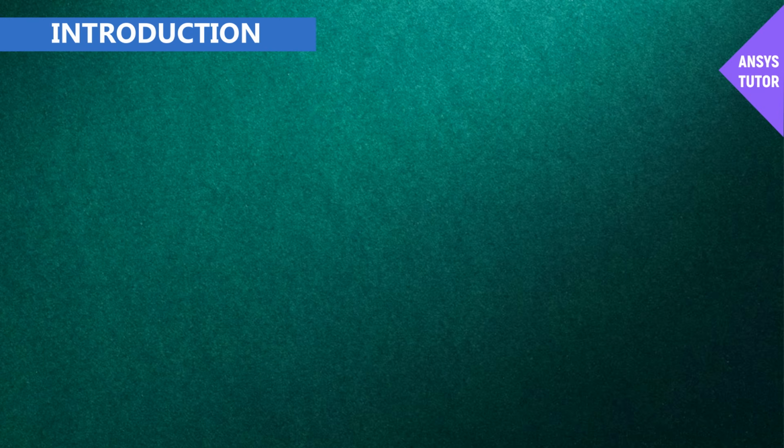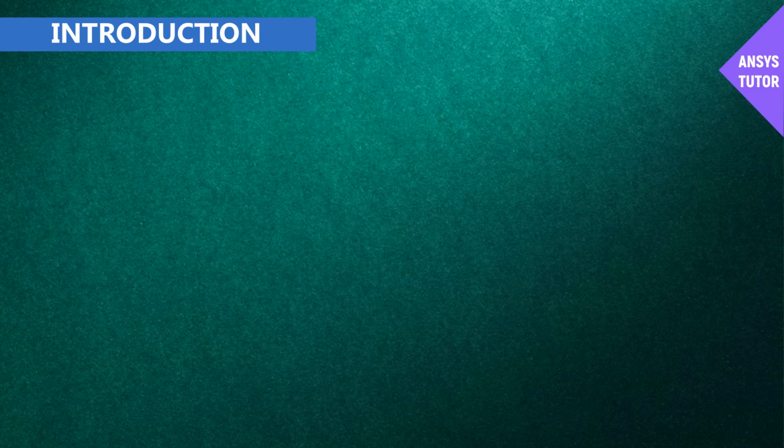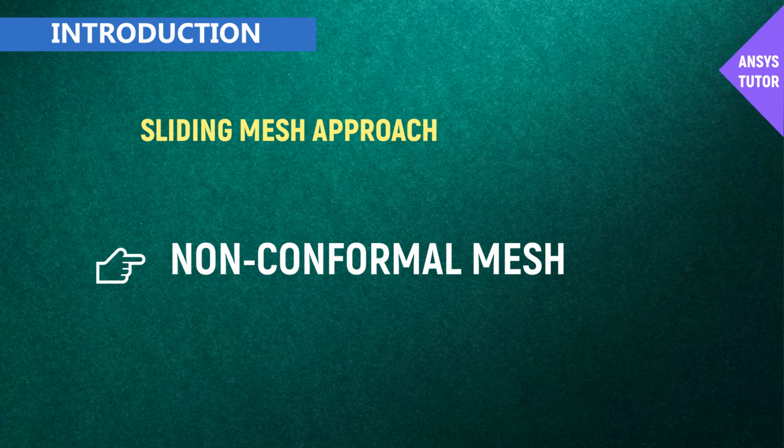So here comes the second approach, which is the sliding mesh approach. In the sliding mesh approach, we use the transient solver, in which the parts are actually moving. It gives a better and more accurate result than the MRF approach. In both cases, we need the non-conformal mesh.